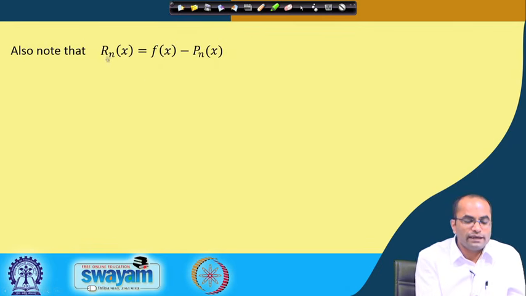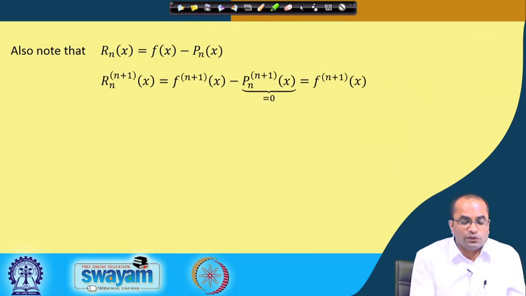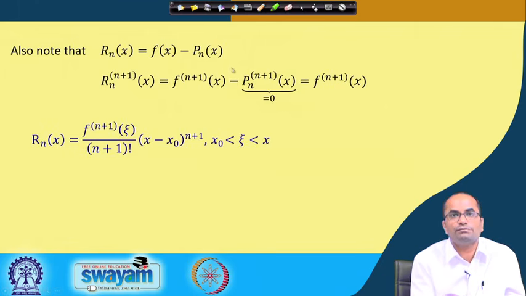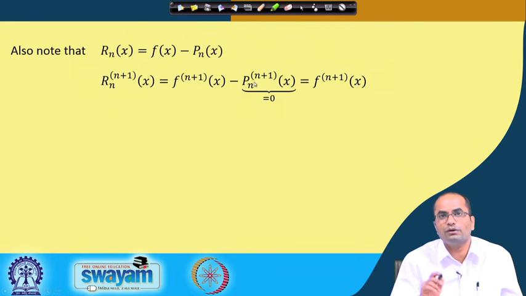Now we note that this R_n(x), which we have defined, was the difference between the function f(x) and p_n(x). So if we take the (n+1)th derivative of this remainder term, it is the (n+1)th derivative of f minus the (n+1)th derivative of p, because p_n was a polynomial of degree n.